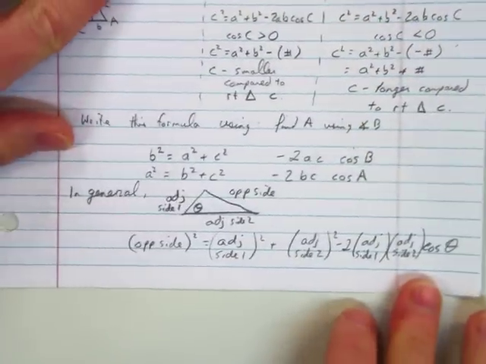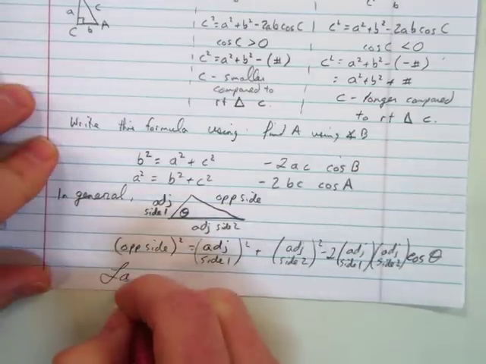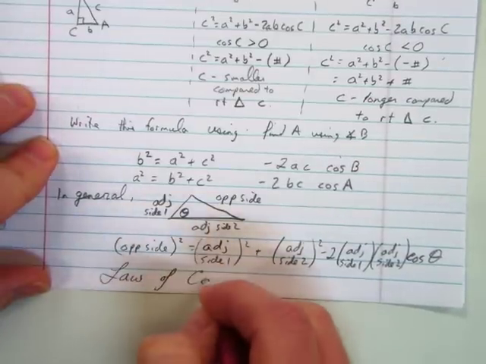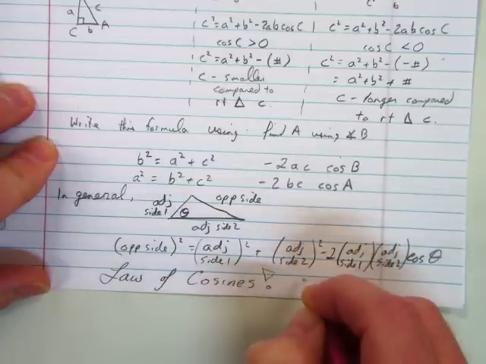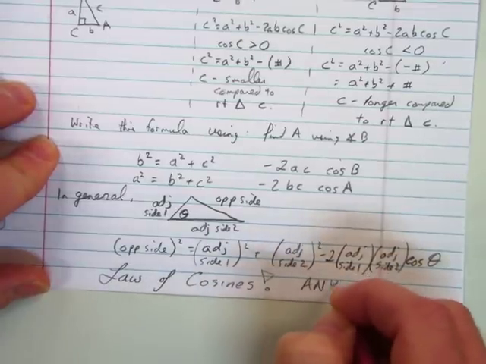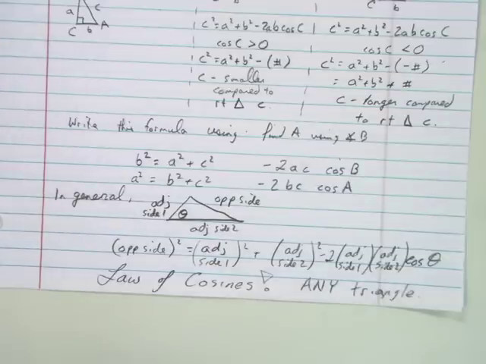Note, it doesn't matter which one is adjacent side 1 and which is adjacent side 2. Now what is this? This is the law of cosines, and it works for any triangle. And that's it.